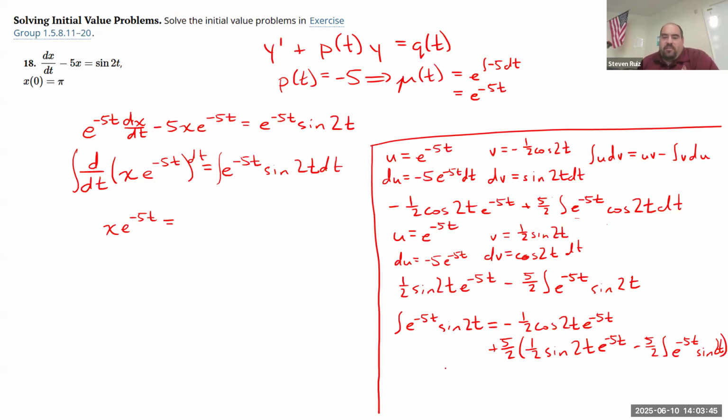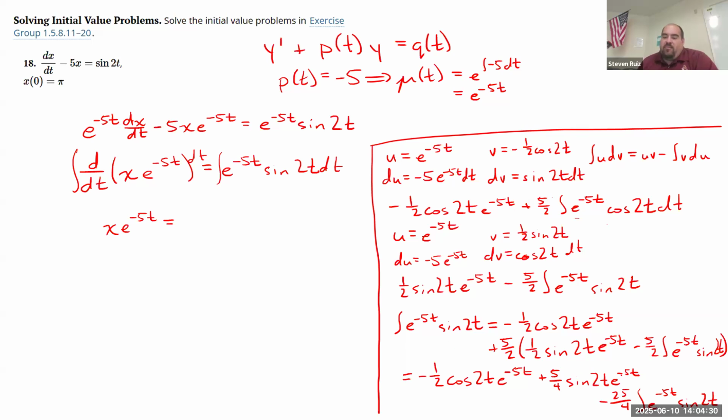So let me do one more step to simplify some stuff here. Let's just expand. So negative 1/2 cosine 2t e to the negative 5t plus 5/4 sine 2t e to the negative 5t minus 25/4 times the integral of e to the negative 5t sine 2t.